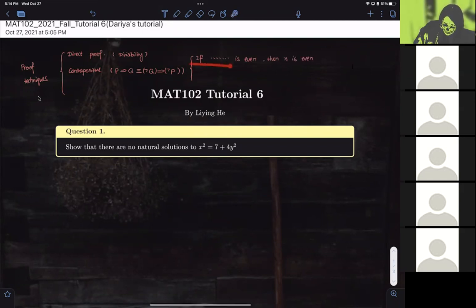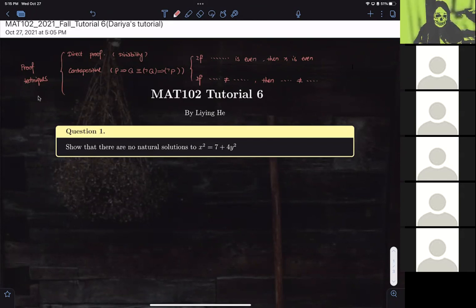Something like this is really hard to prove directly, because reducing something really complicated to a single x is not easy. However, if you start with x and plug it back into this, that's going to be easy. So if you see something like this, you know we are using contrapositive. Another thing is, if you see something not equal to something, then something not equal to something, that's another hint that it's contrapositive.